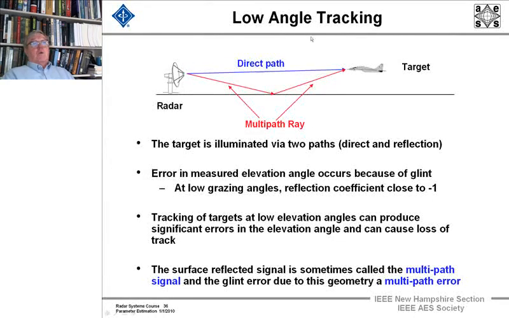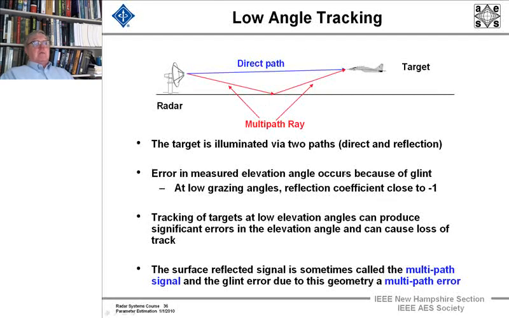Now here's low angle tracking. We talked about that a little bit, in fact we went over it in great detail in propagation. But I want to remind you, and just go through this viewgraph quickly, that the target is illuminated via two paths, the direct and the reflected path.